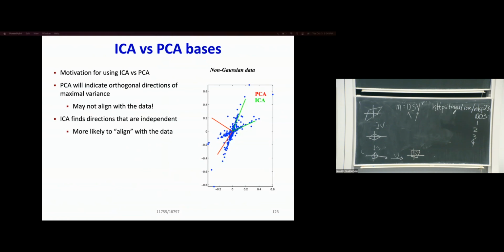My voice won't be similar to another person's voice. So ICA finds that distinguishing mark between the two. It's not orthogonal, but it's independent. It found the two independent data sets. Orthogonality is not that great a thing as people think it is, because it may not align with the data.